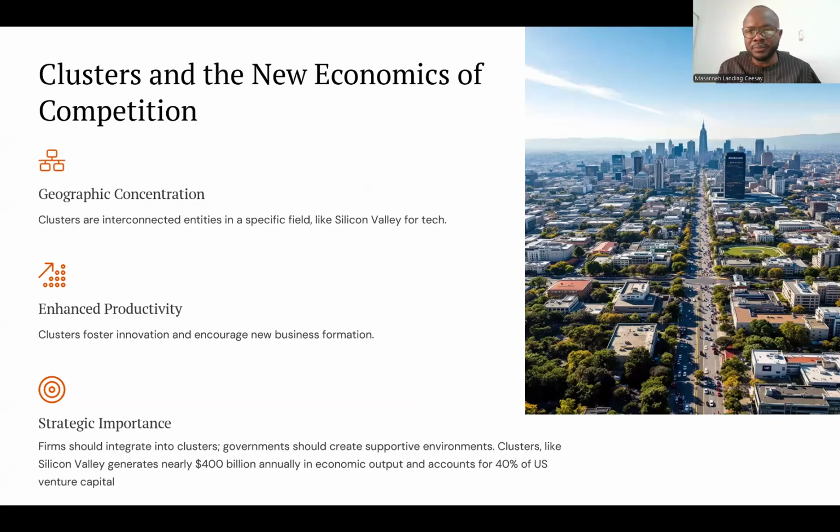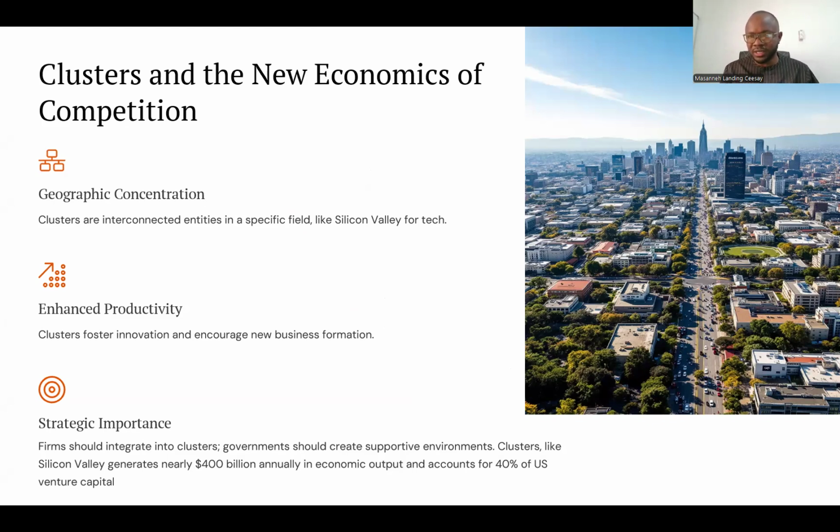So some of the other concepts that we've dealt with under this model is the idea of clusters and the new economics of competition. Clusters are basically where countries can designate a particular geographic area and ensure that all the entities that are interconnected in a specific field operate within this geographic area.